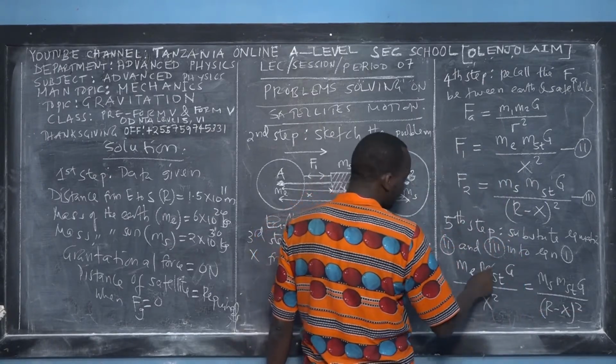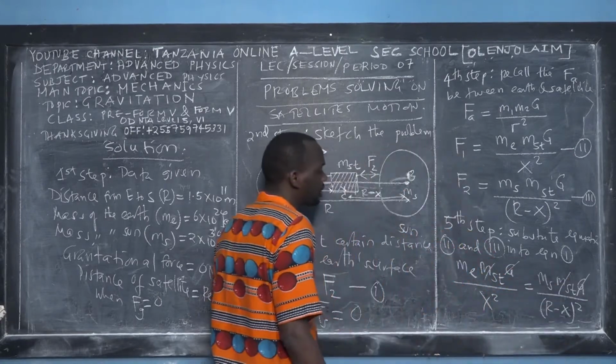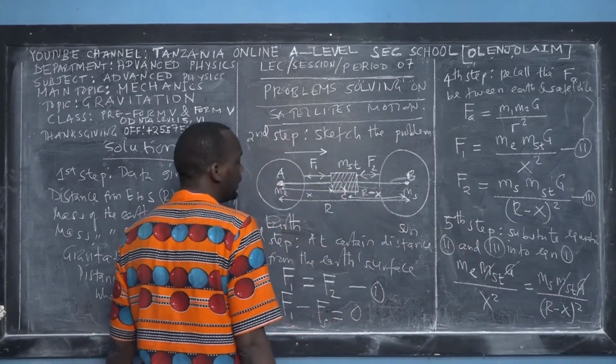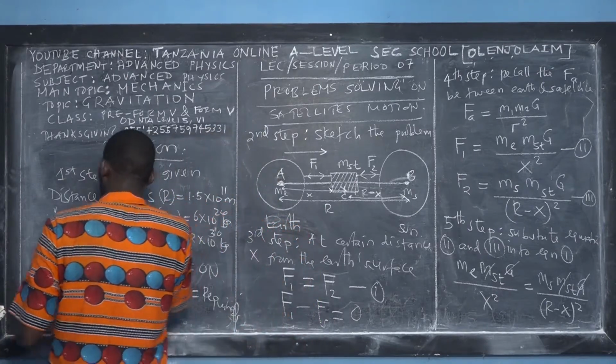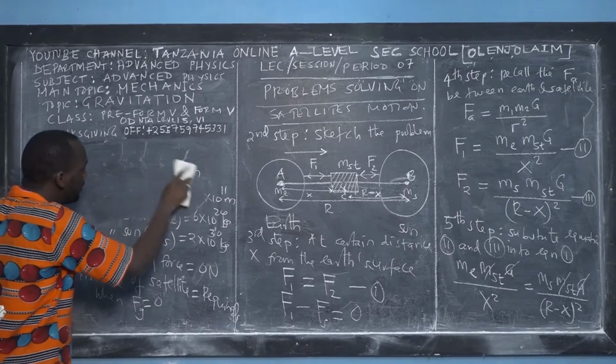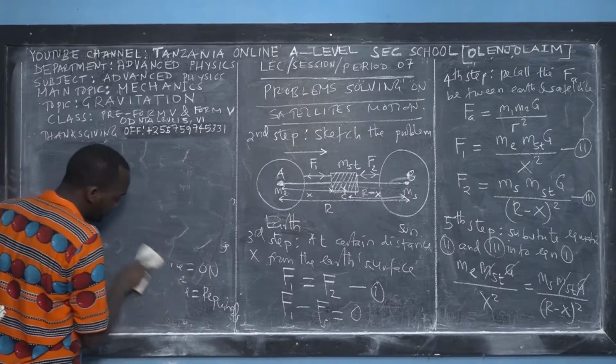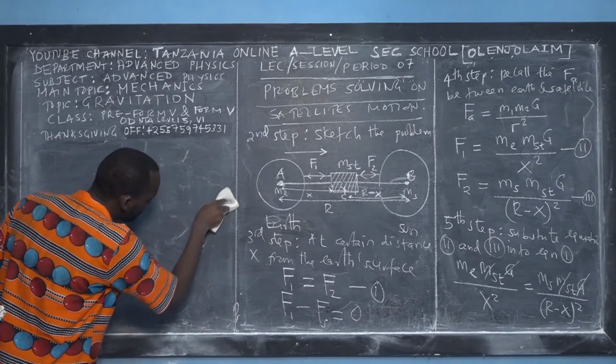So the mass of the satellite and the mass of the satellite cancel, the universal gravitational constant and the universal gravitational constant cancel, and then we remain with a few physical quantities. You see how the concept of the satellite is very interesting? Yes, it's beautiful.